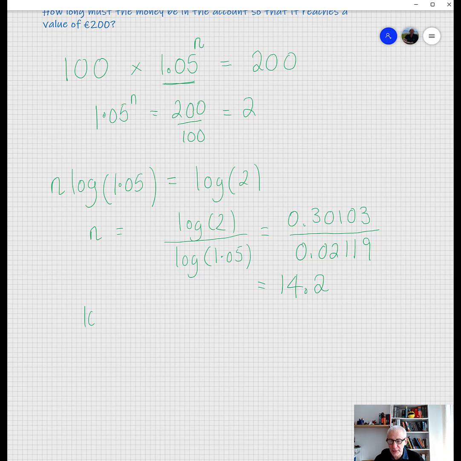So we had 100 multiplied by 1.05 to the 14, which when you do that calculation gives you the sum of, let me just find that number, 197 and something. And then the other one, 100 times 1.05 to the 15, gives you 207 and something. So that's true. We arrive at 200 somewhere between 14 and 15 years.